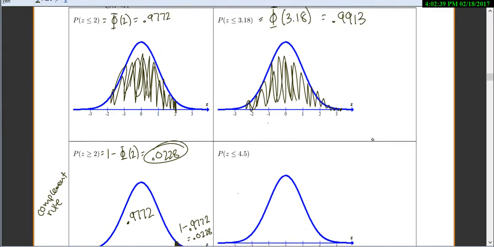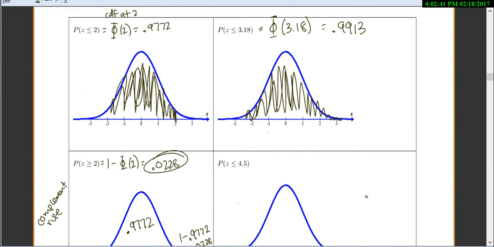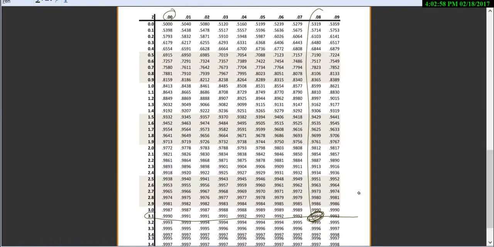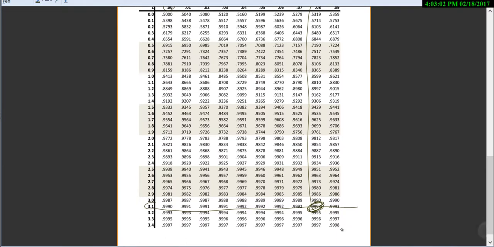Let's see, my next one is z is less than or equal to 4.5. So 4.5 would be about here. So I'm going to start here and go all the way to the left. Notice, just looking at my picture, it kind of seems like that's going to be everything, right? I think it's probably going to be about 1. Let's go to our table and see. So notice my table only goes to 3.49, and at this point it's really, really close to 1.